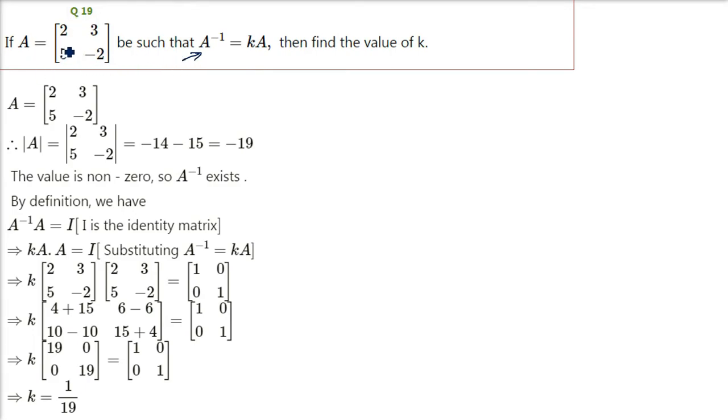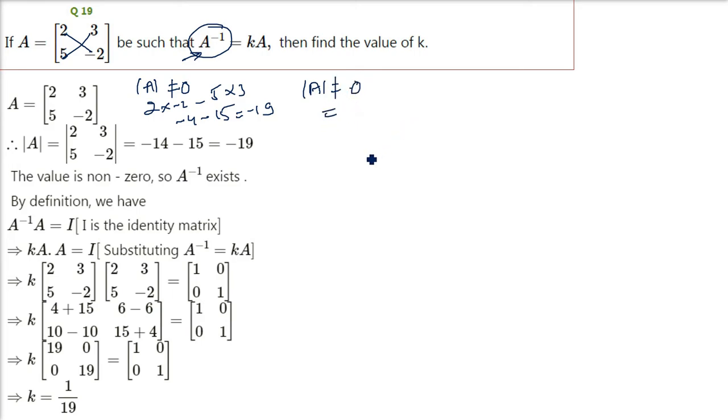For that, you have to find out the determinant of A. If determinant of A is not equal to 0, then A inverse exists. So 2 into minus 2 minus 5 into 3, so minus 4 minus 15 is minus 19. This determinant of A is not equal to 0.